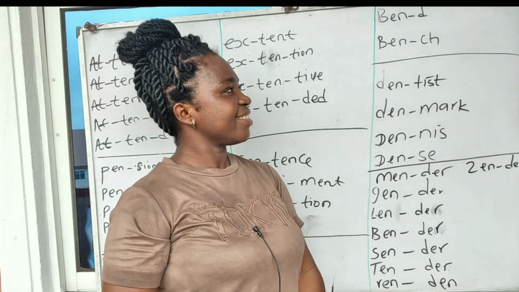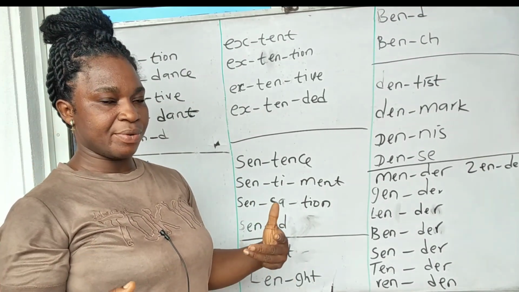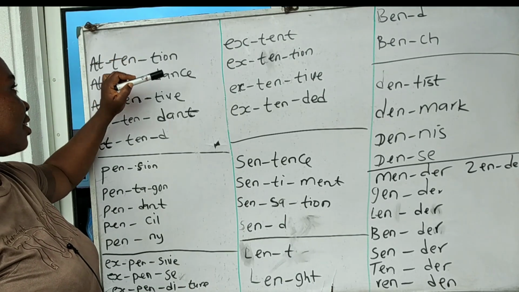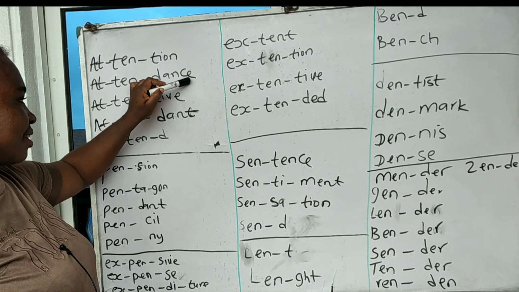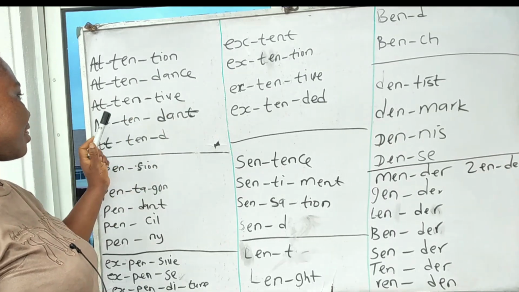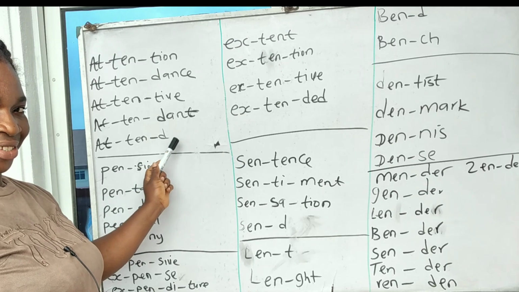Are we good? Let's go over it together, and this time you're going to be pronouncing alongside me. Let's go. We have attention, attendance, attentive, attendant, attend.